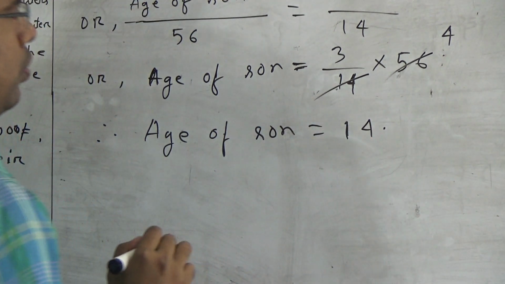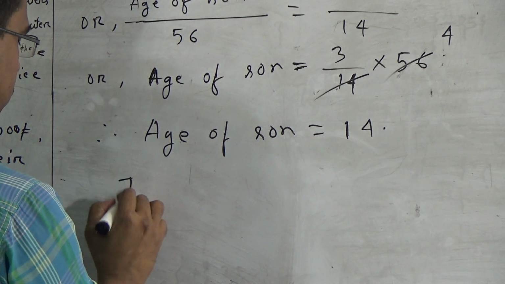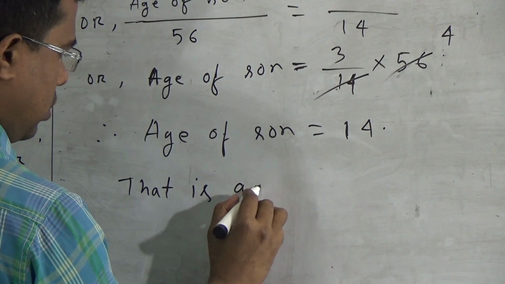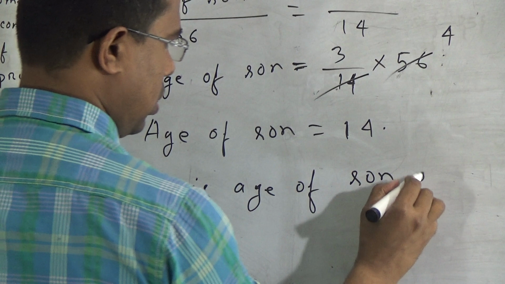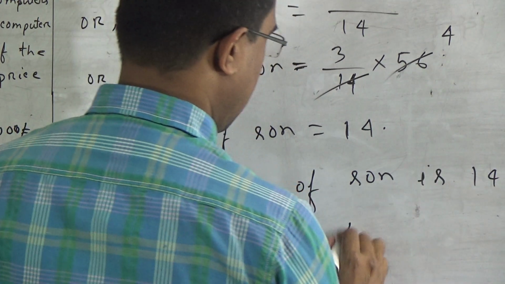That means age of son will be 14 years, that is age of son is 14 years and answer is 14 years.